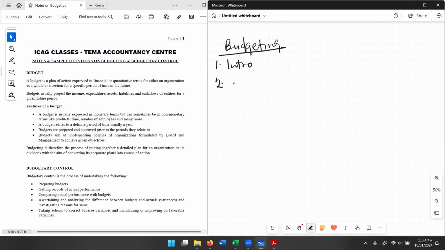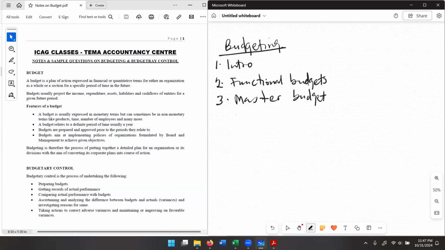Then two, we will quickly look at what we call functional budgets. And then three, we will look at the master budget.